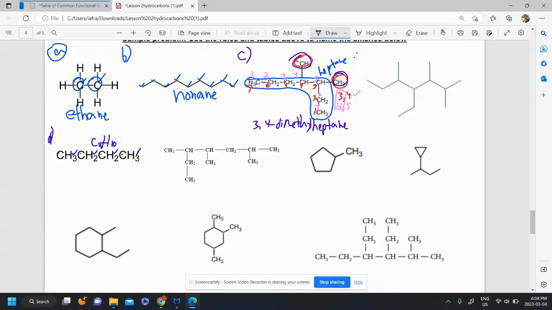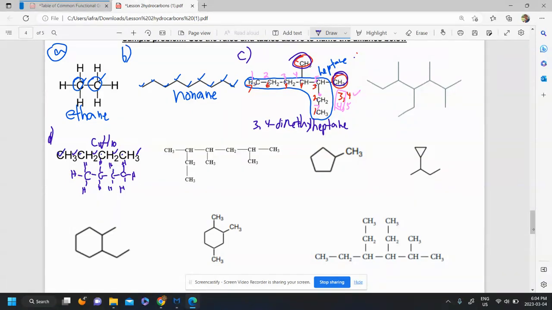So that does make this an alkane. There's single bonds in there. If you want to just convert this to a structural formula to check. So 3 H's on the first C, 2 H's on the second C, 2 on the third, and then 3 on the last one there. So we're good there. That is an alkane indeed.